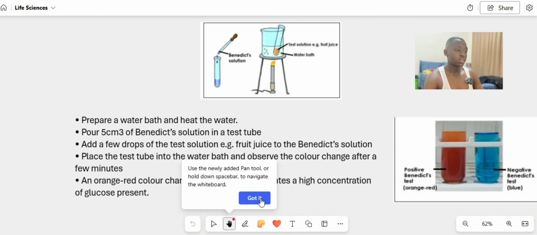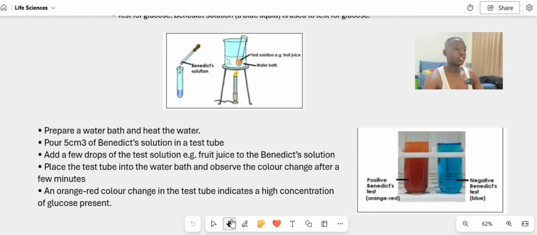As we go down, you can see that here they're indicating the ways of preparing that specific test. You prepare a water bath and heat the water, pour 5 cubic centimeters of Benedict's solution into a test tube, add a few drops of fruit juice to the Benedict's solution, place the test tube into the water and observe. If the color changes to orange-red, it indicates a high concentration of glucose inside.